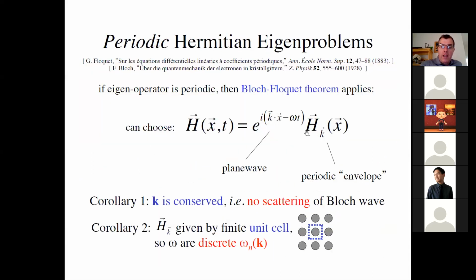Now, the thing is, I've got a periodic function. And of course, I could expand that periodic function in terms of sines and cosines, which means I could expand it in terms of complex exponentials. So I've got a complex exponential multiplied by a whole bunch of other complex exponentials. The difference is that these complex exponentials have to form a periodic function. You can say, well, fine, this one's periodic too. Yeah, but this one has periodicity equal to the periodicity of the lattice.